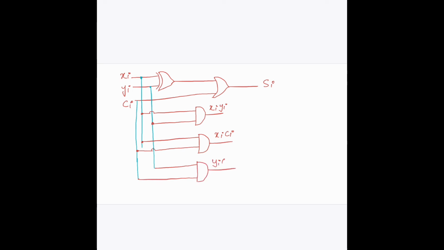These three terms are added, so they should be connected to an OR gate, whose output is equivalent to ci plus 1. So this will be the basic full adder circuit, and this is capable of handling only 1 bit each.